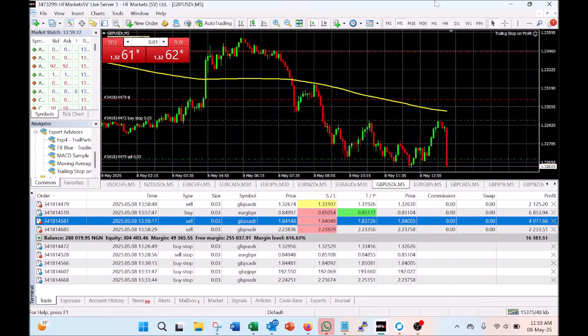So the perfect setup, we can see the benefits of having a very good setup.